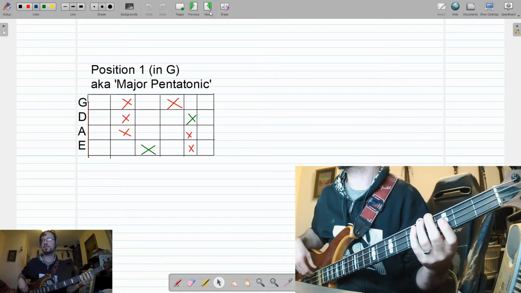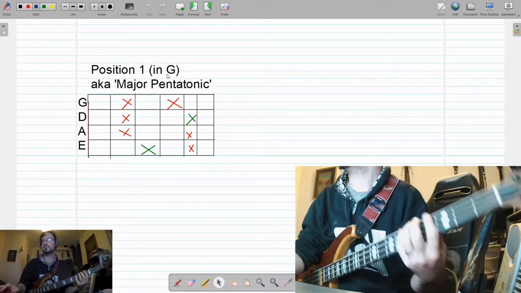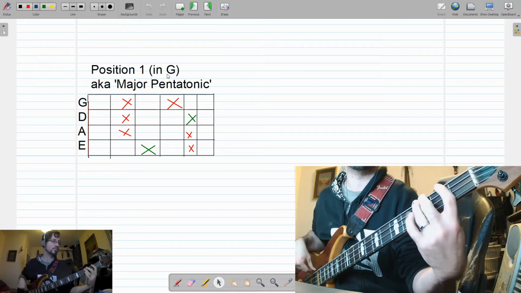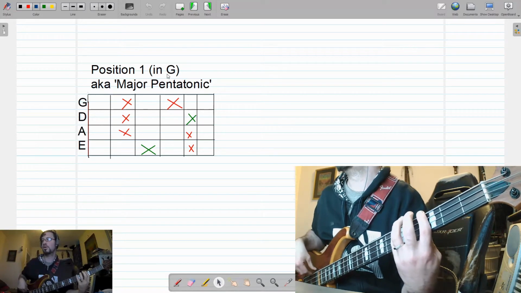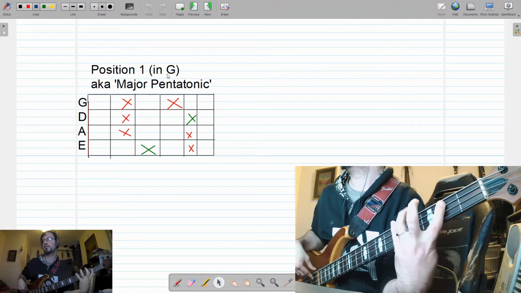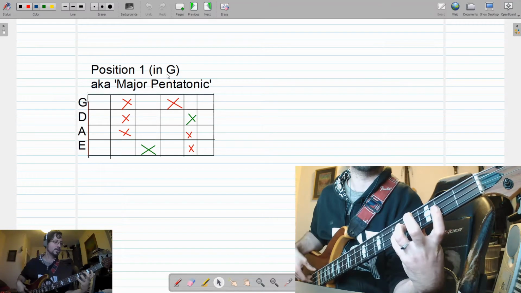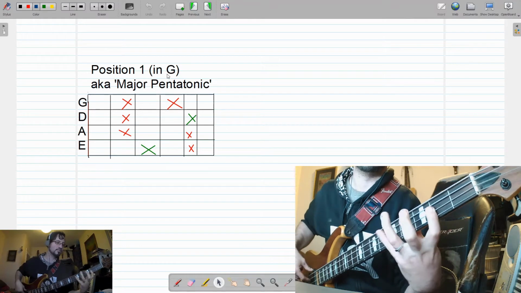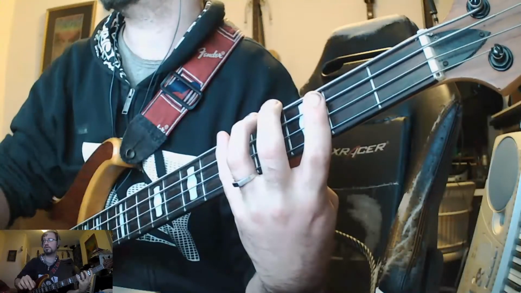But the major pentatonic, as you can see written out here, has roots which are both G, because we're in G for the example. So there's your G, 3rd fret, 0, 1, 2, 3. Those are G's, and then you go up to A, B, D, E, G again, A, B. Let's see if you've got a nice clear shot of that so you can see it more comfortably.